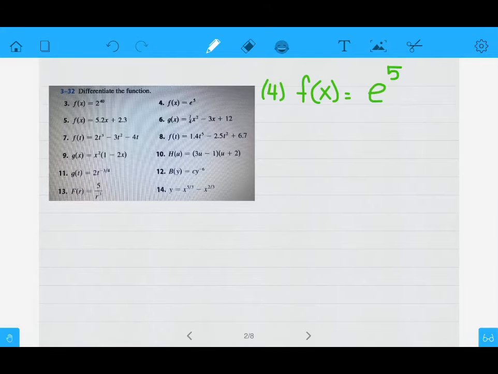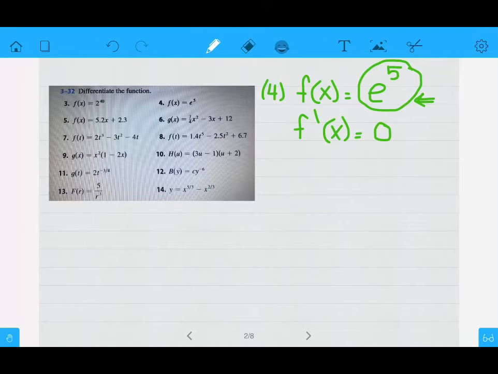Because we must derive it by x. If I write f of y, I derive it for y. If you have f of z, we derive it for z. Here we don't have x. The derivative for this one is 0, because this is a constant. If I write it for you, ln 5, ln 6, we say constant, f prime x equals 0. This is for question number 4.